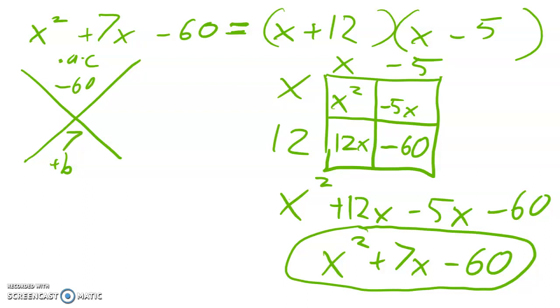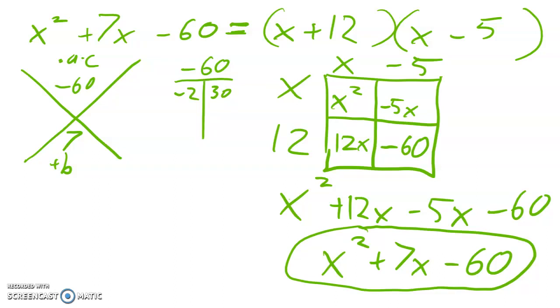And now when I think about what two numbers multiply to -60, I'm thinking about numbers that also add to 7. So it really helps to think about the numbers that multiply on top because there's only so many that do that. There's a ton of numbers that would add to 7. But if I just take -60 and I think about possible pairs, well, I could do -2 and 30.